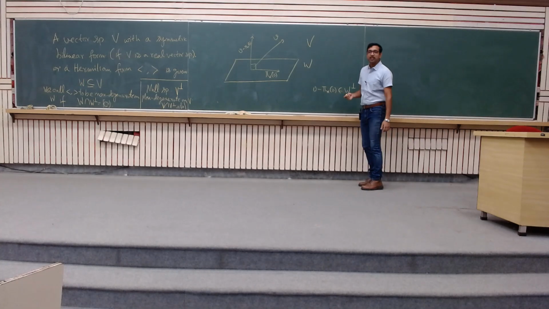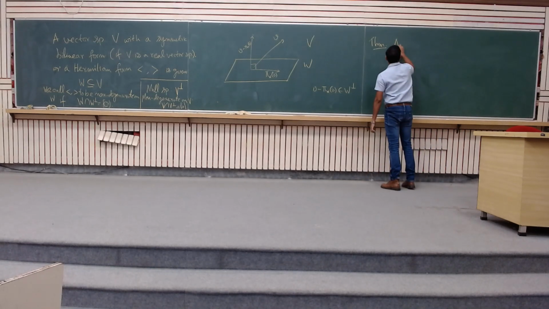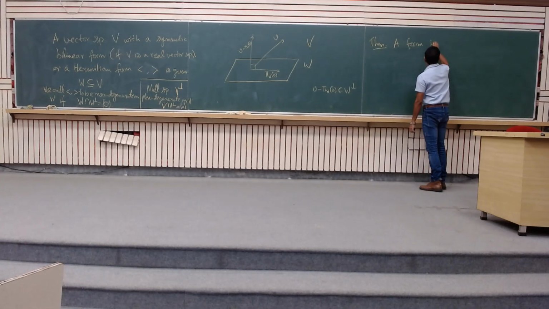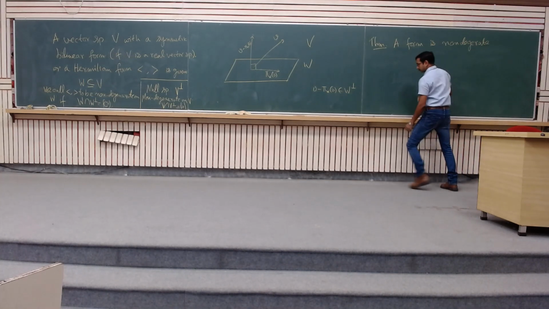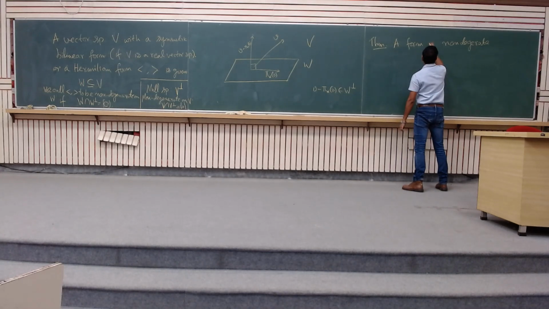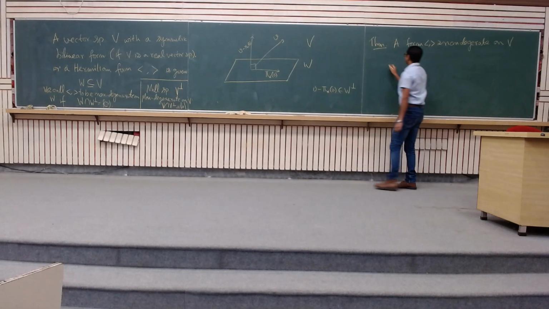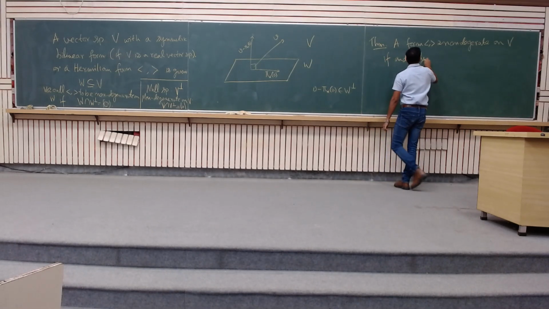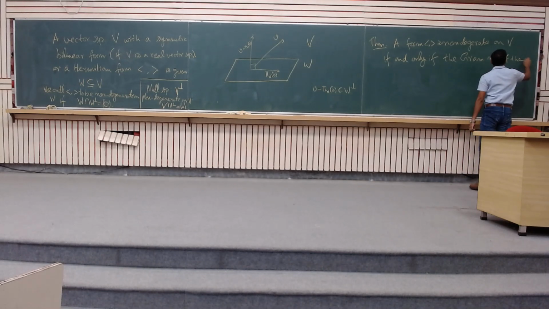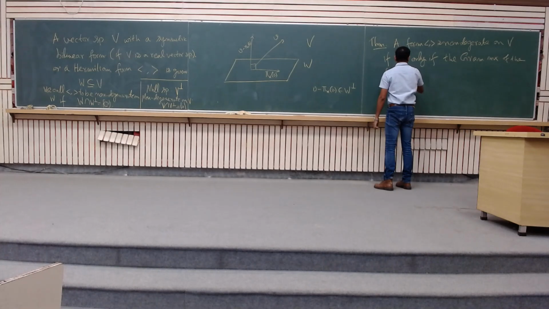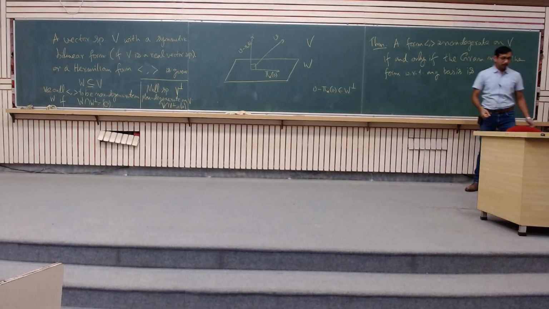So then this was given as an exercise to you, an easy to prove theorem: a form is non-degenerate on V if and only if the Gram matrix of the form with respect to any basis is non-singular, right?